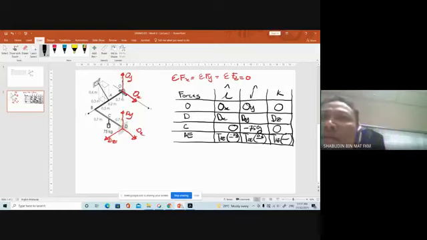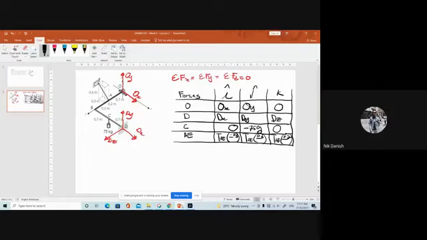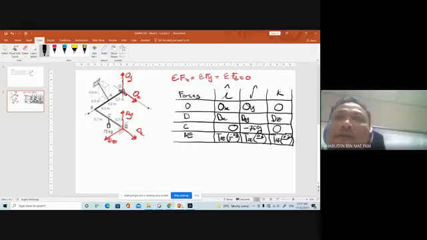Can you get me the overall length D? It is 0.7.